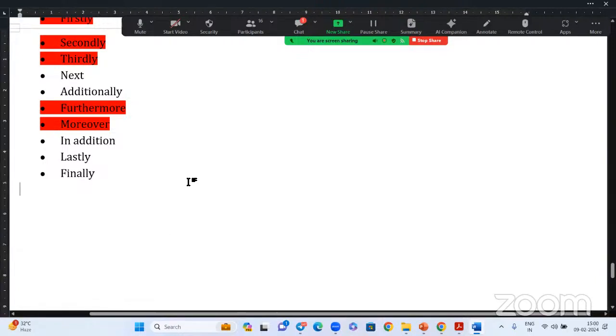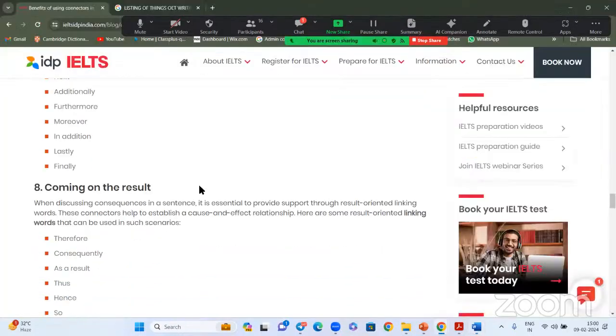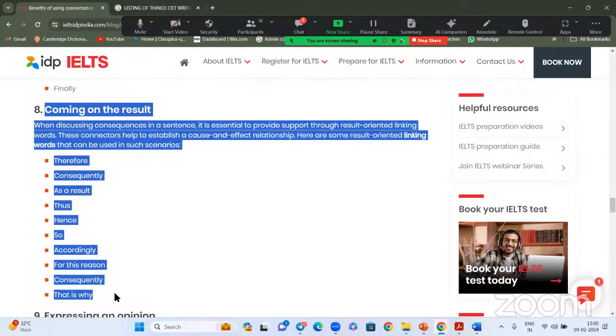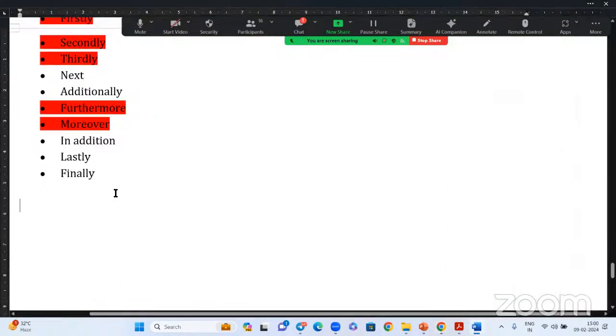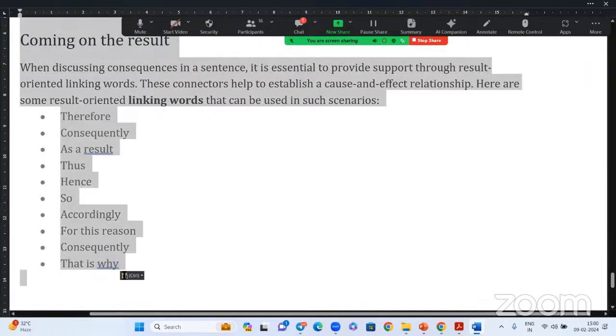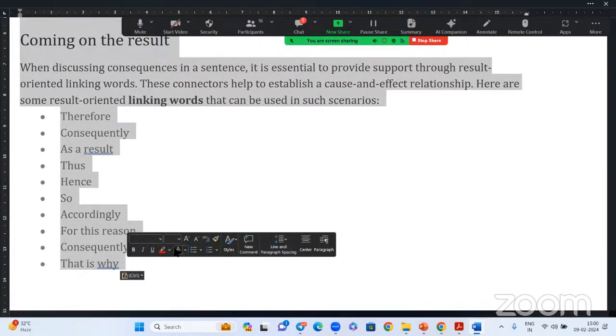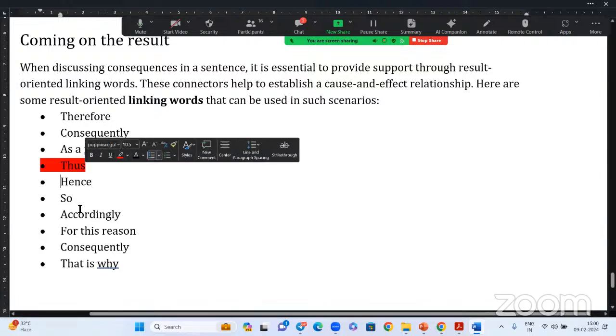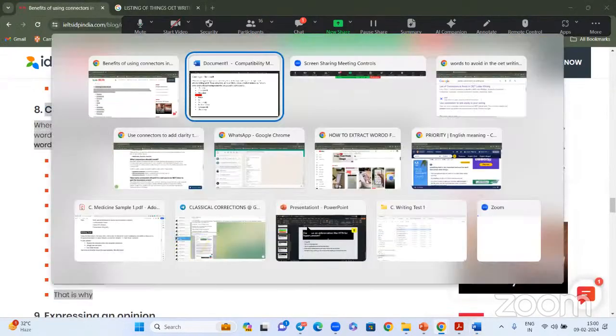Next, coming on the result. Therefore, consequently, as a result, thus you should not use.